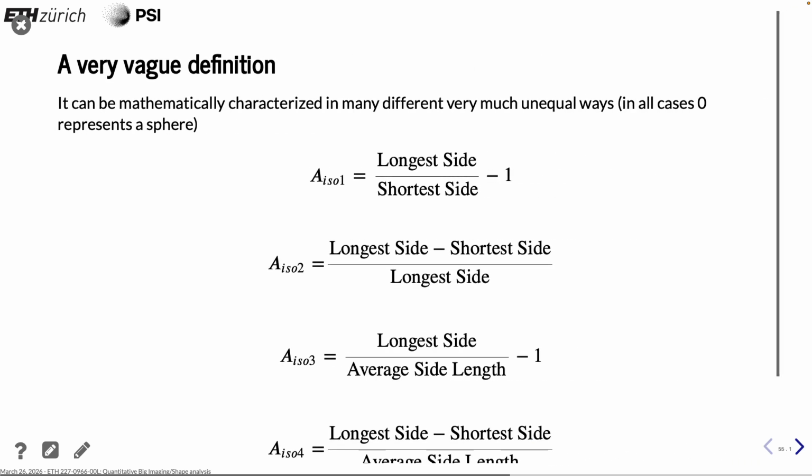And putting that into numbers can be tricky because you can define it in very many ways. Here are some ideas to measure the anisotropy. You can take the longest side divided by the shortest side minus 1, or longest side minus shortest divided by the shortest, longest. And yeah, well, you can do a lot of different metrics here.